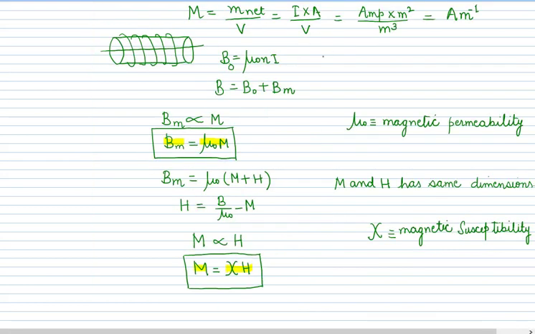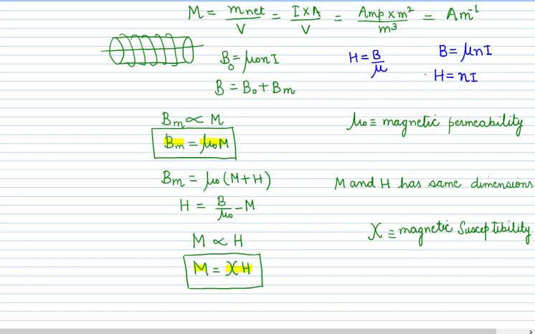So we have just derived H is equal to B upon mu. For a solenoid, if you are having some magnetic material, then B is equal to mu N i. And if you want to know H, then this is equal to N into i.